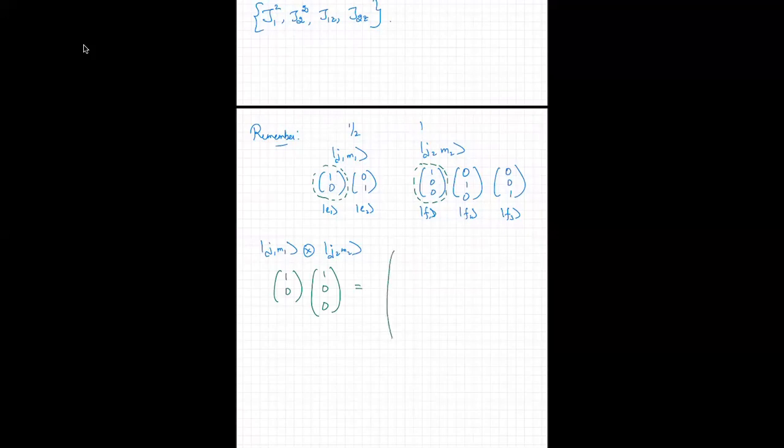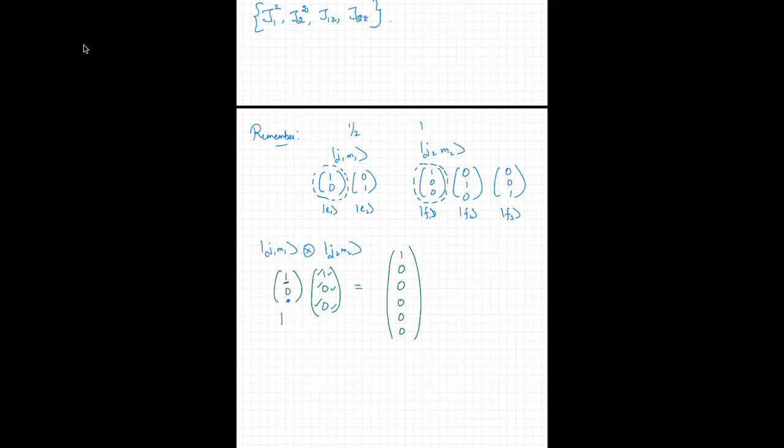I take the first entry here and multiply it with the first, second and third entries here, and that will be the first 3 entries of this column matrix. So 1 times 1 is 1, 1 times 0 is 0, 1 times 0 is 0. Now I take the second entry here and multiply it with 1, 2 and 3 pairwise. Since this is 0, I'll get 0, 0, 0. Is this okay? Yeah, sir.